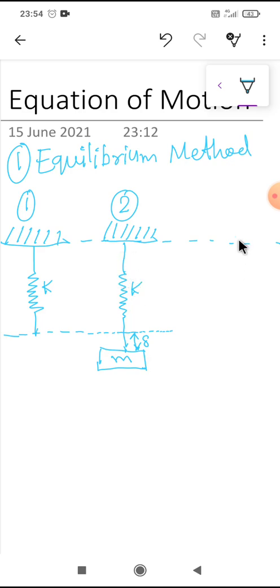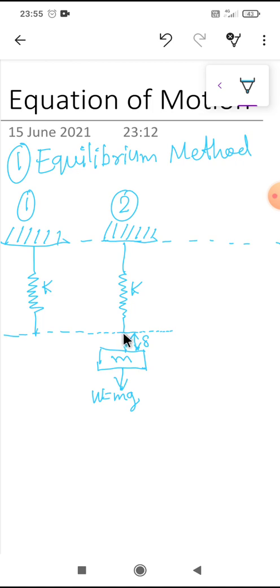Now we'll go to the third position, when it is moving in a vibratory motion. Before that we will just draw a spring free body diagram. The weight of this mass will act in the downward direction, so that will be W equal to mg. As it is stationary, according to Newton's law, an equal and opposite force must be acting in the opposite direction.